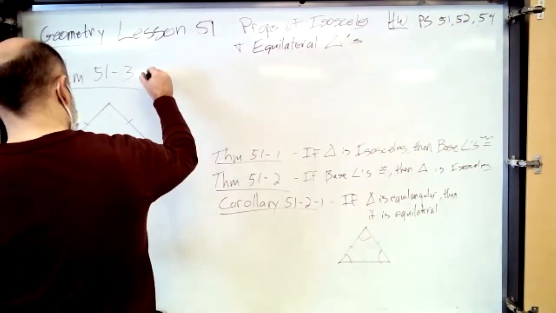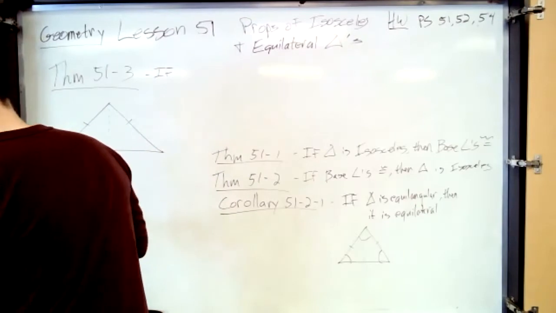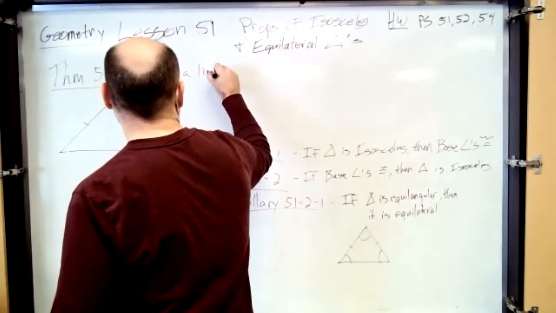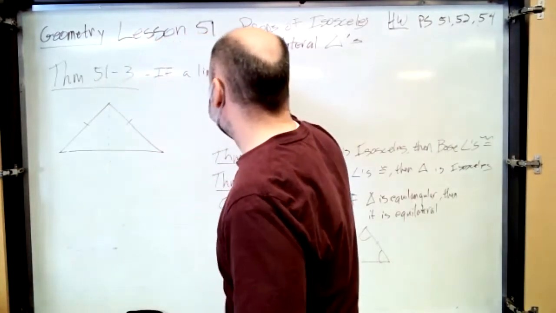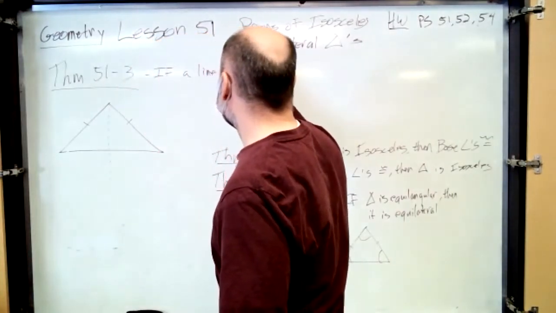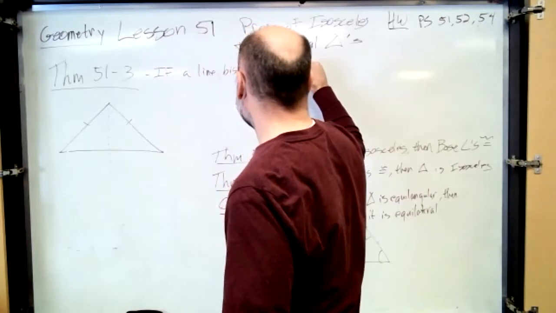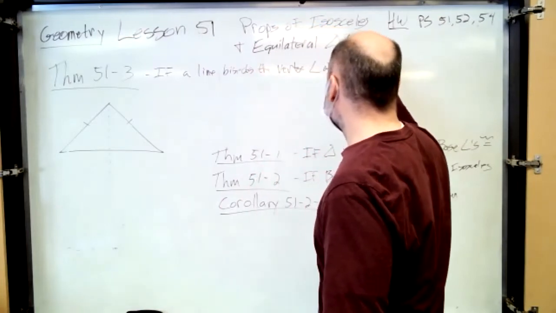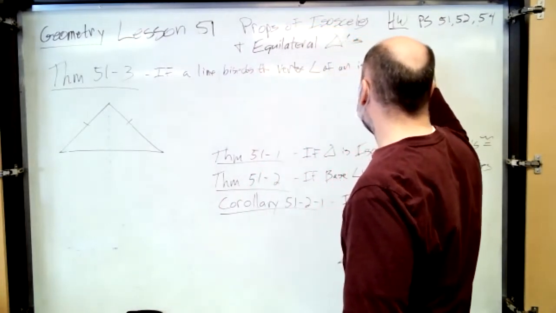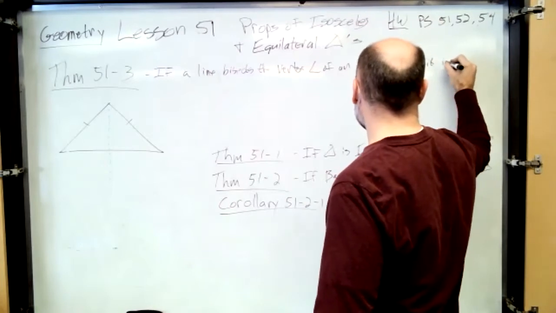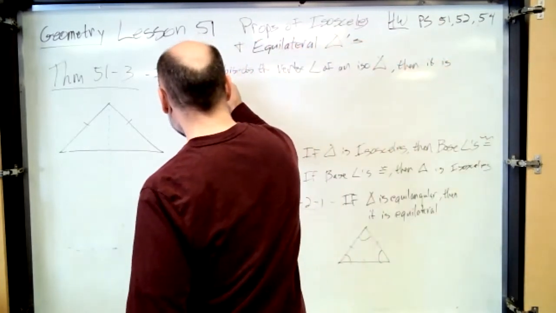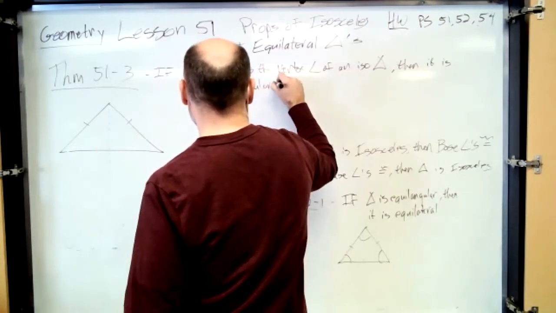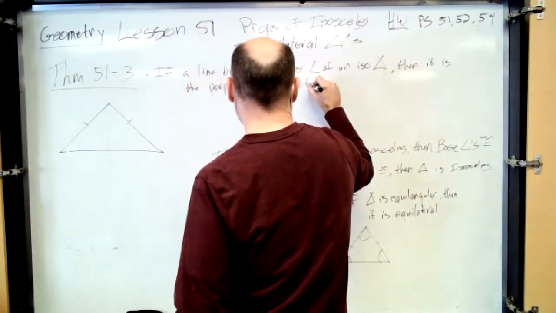Okay, so if a line bisects the vertex angle of an isosceles triangle, then it is the perpendicular bisector of the base.